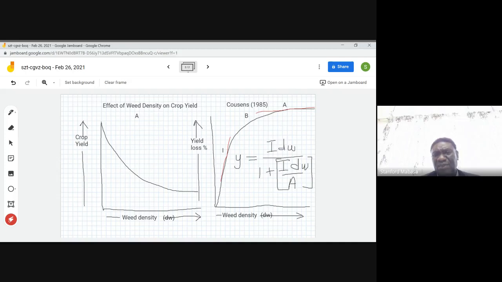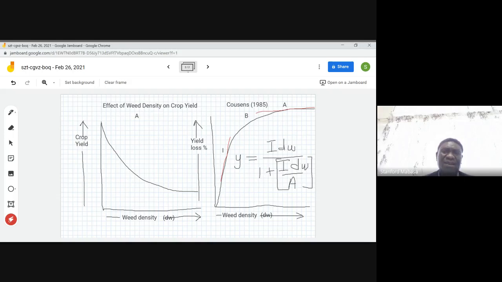So let's suppose we propose 1% as yield loss. What we will just do is to put 1% here and try to solve this equation so that we get dW, which is equivalent to 1%. That density becomes our weed control threshold.